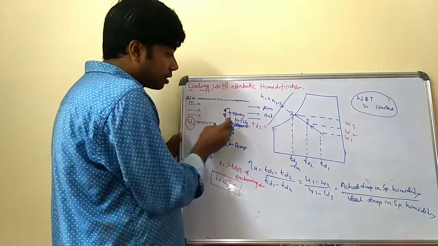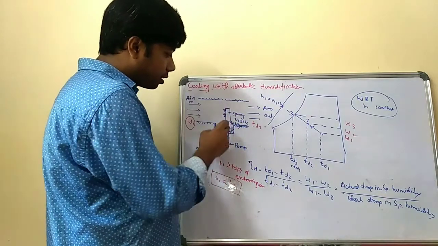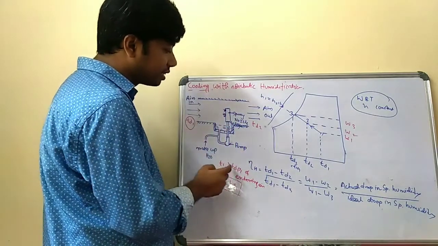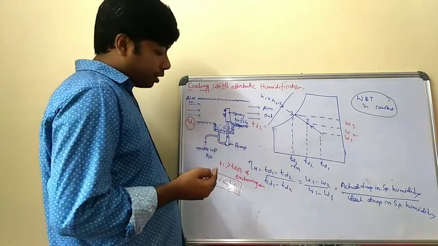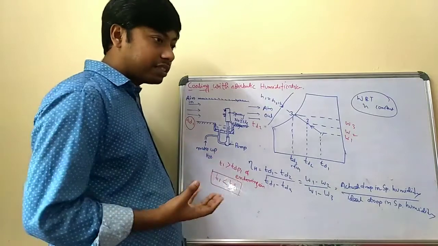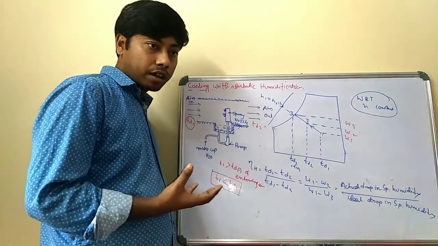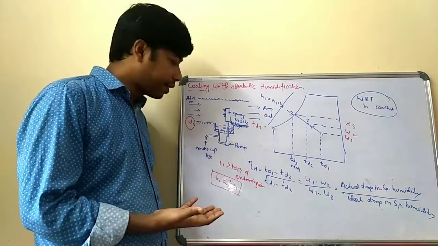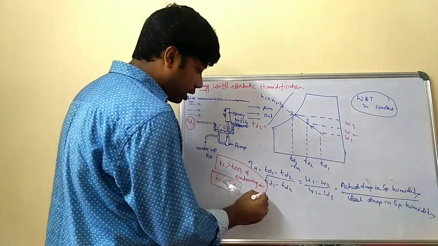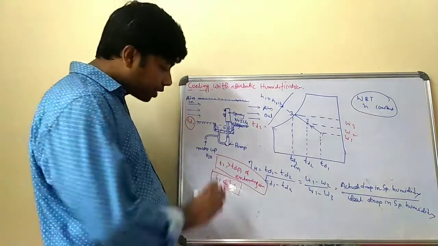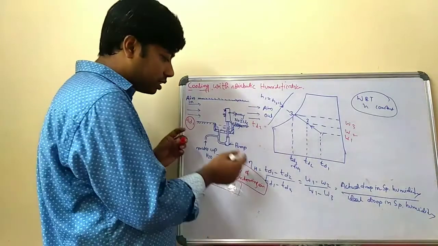So T1 should be greater than TDP1, so that there is a chance to form some water vapor and it can humidify. For this condition it gives you the humidification. If not, then the humidification process is not possible with this arrangement.